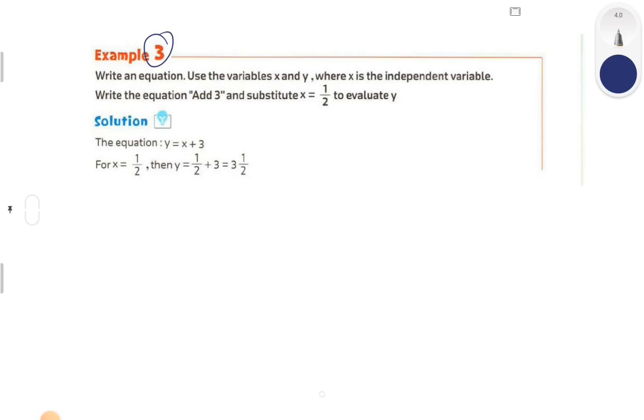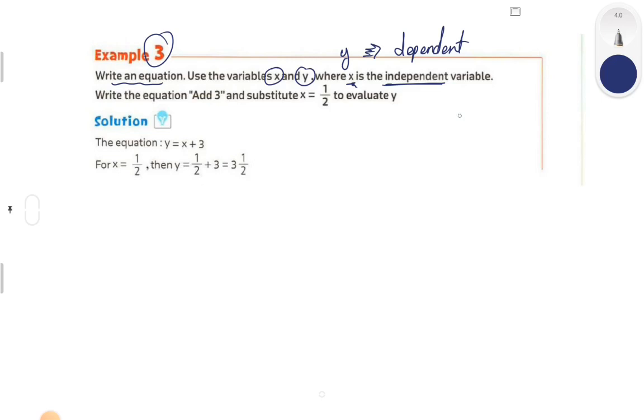Now we have example 3. Also write an equation. Use variables x and y. Note with me, x is the independent and y will be the dependent variable.